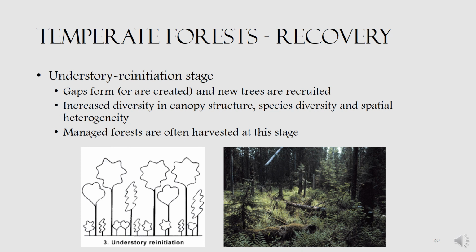And so these gaps start forming, or we as managers might create them, and then new trees are recruited. This increases diversity in canopy structure. So we have really tall trees, we have some medium trees, and then we have some small trees. It increases the species diversity and that spatial heterogeneity within the forest.